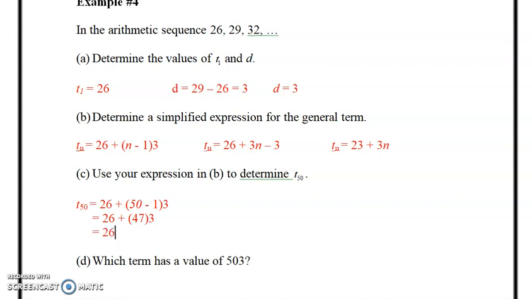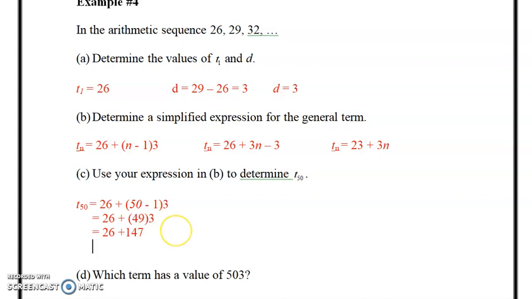Oh, sorry, that's 49, let me fix that. Thank you. 147, I'm a step ahead of myself there, which would equal 173. So the 50th term in the sequence is 173. A lot easier than writing out 47 more numbers in order to get that, right?